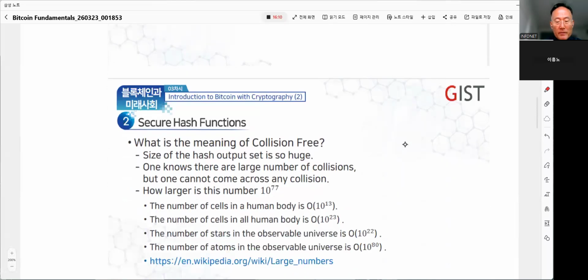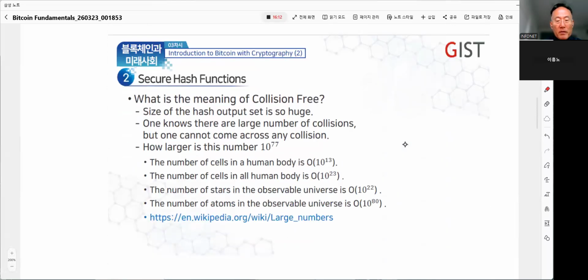And what is the meaning of collision free? The size of the hash output set is so huge, 10 to the 77. So how big is 10 to the 77? One knows there are a large number of collisions, which is possible, but one cannot come across any collision. That is because 10 to the 77 is so big. The number of cells in a human body is 10 to the power of 13.